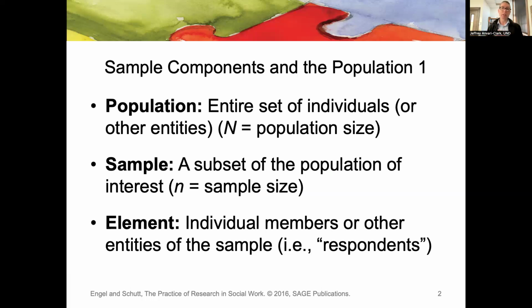And then the elements are the individual people who are part of that sample. And so maybe the respondents. Although it does not necessarily have to be an individual person, sometimes we can go higher than that. So we can talk about maybe a family unit or an organization if you're doing maybe more macro or meso level research.